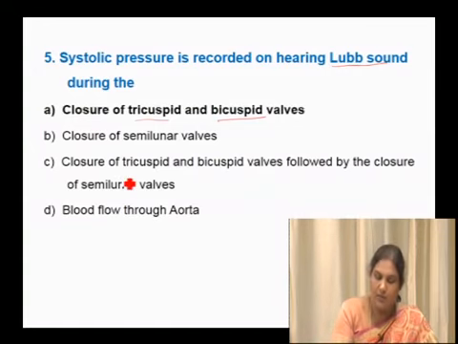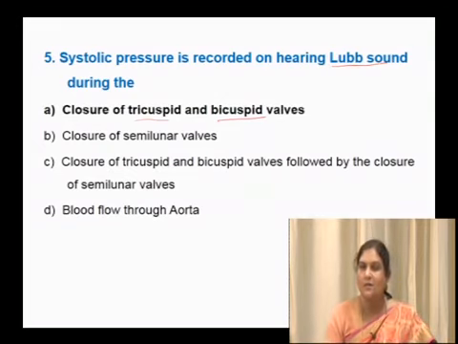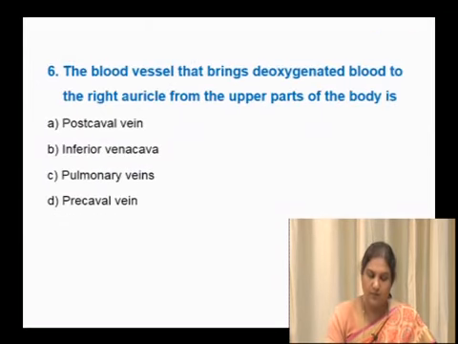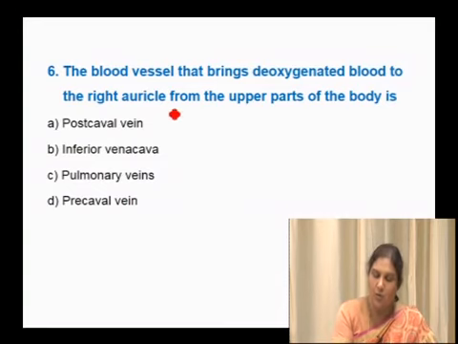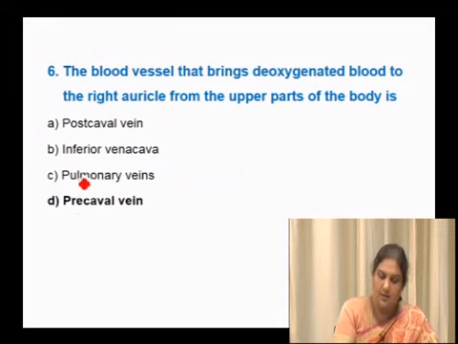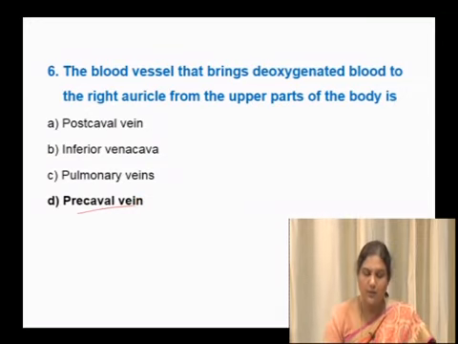The dup sound will be heard on the closure of the semilunar valves. This occurs on the onset of the ventricular diastole. The blood vessel that brings deoxygenated blood to the right auricle from the upper parts of the body is the precaval vein, which can also be called the superior vena cava.